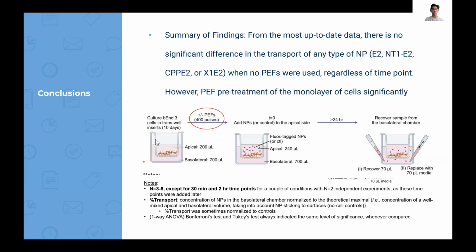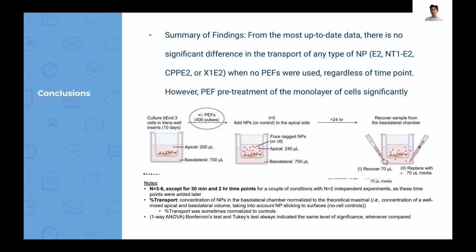We have this transwell, which is a membrane-permeable layer. The cells are applied here, and we are applying the nanoparticles as well. We have an apical and a basolateral layer of cell culture, and these fluorescently tagged nanoparticles are passing through this membrane.